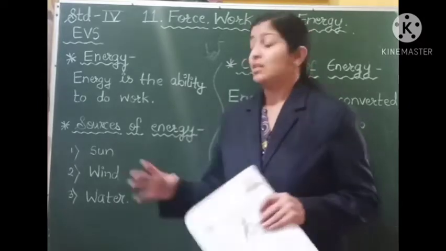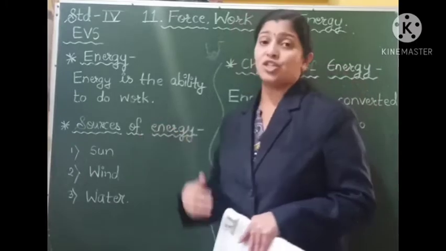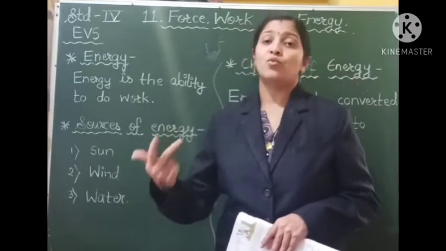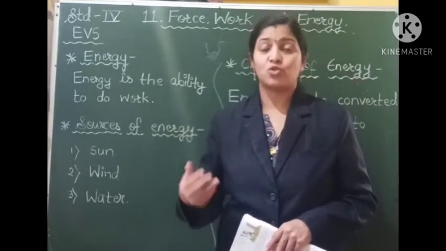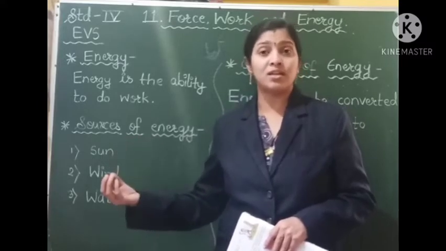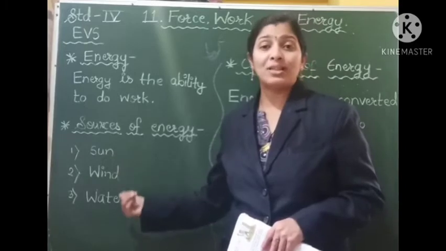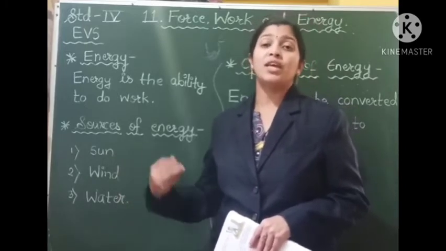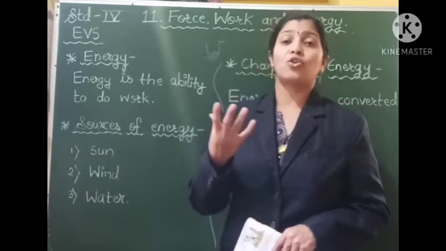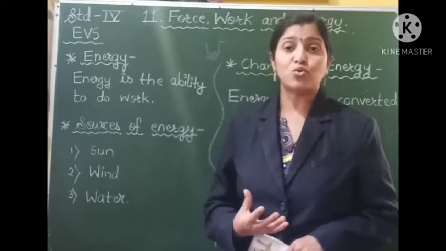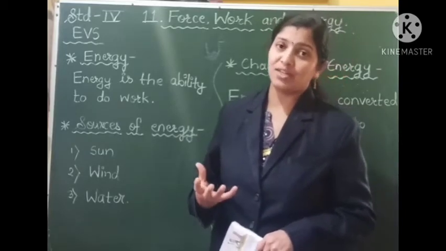So students, these sources of energy, the sun, wind, water, these are priceless. Do we pay anything for the sun, for the wind or the water? No. But all these natural sources give us a lot of energy which helps us to do various activities.